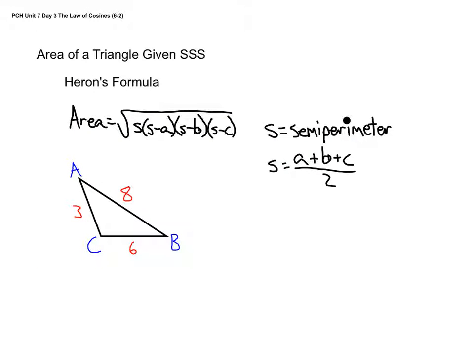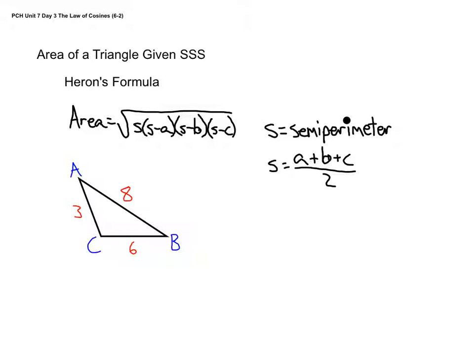So, last thing here I wanted to look at, since we're on the idea of side, side, side, we actually, without having to find any more information about the triangle, we could find the area of a triangle if we know all three sides. And we use something called Heron's formula. You may have run into this one in geometry class in the past, or maybe algebra 2.